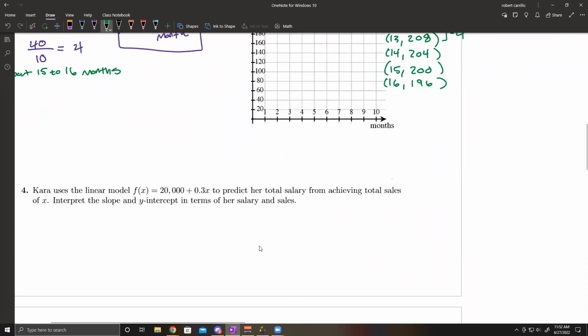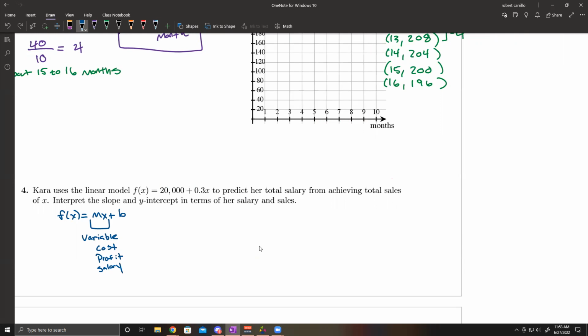So I'll rewrite it again. So if we are given f of x equals mx plus b. Remember that mx is the variable cost. Or in this case, it says to predict her total salary from achieving total sales of X. So it could be total cost, it could be total profit, it could be total salary, whatever you want to name it, just as long as it's changing.